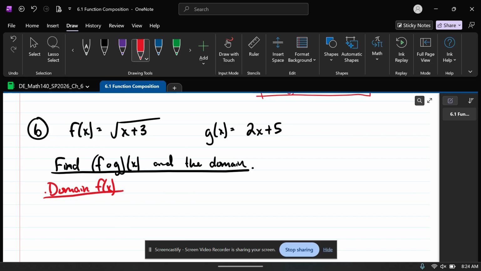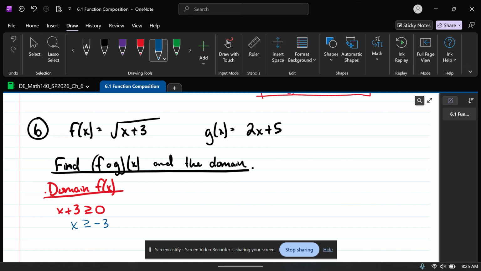What kind of numbers can we not take the square root of? Negatives. So I'm going to take the x plus 3 and set it greater than or equal to 0. That's how I'm going to find the domain for that. So this tells me that x has got to be greater than or equal to negative 3. That's the domain for f of x.